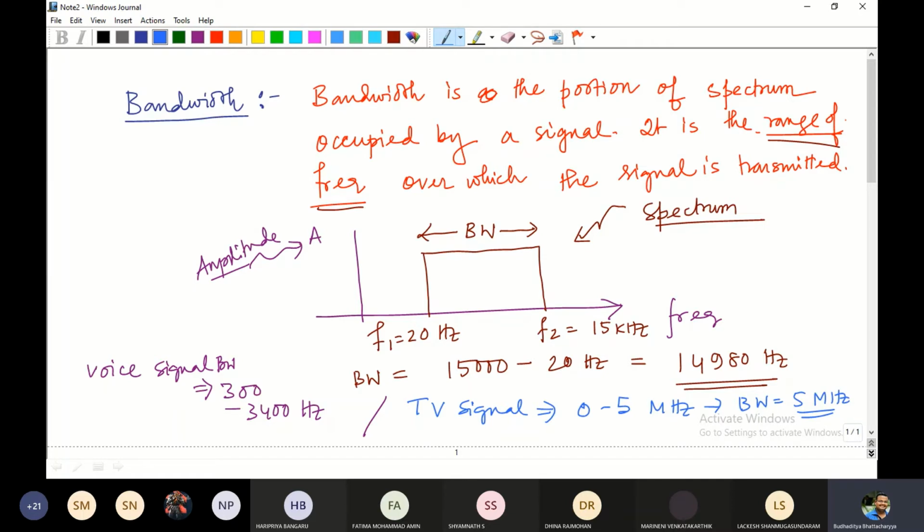Now, this is only one signal I'm talking about. Suppose there are multiple such signals present, which is quite obvious. As you know, you are having one mobile phone, your parents will have two or multiple mobile phones maybe, and in your neighborhood there are so many people, everyone is having a device and a mobile phone.